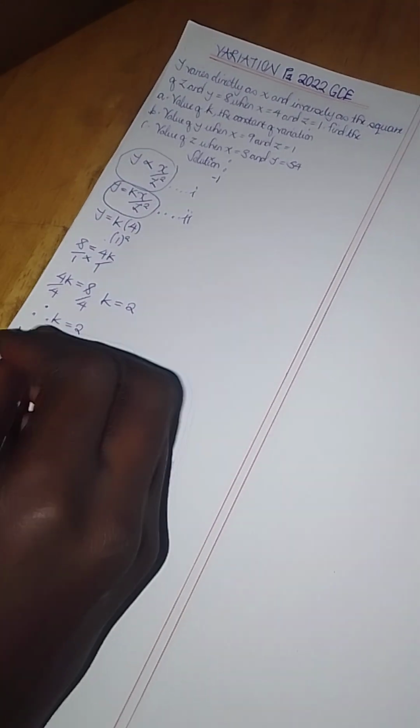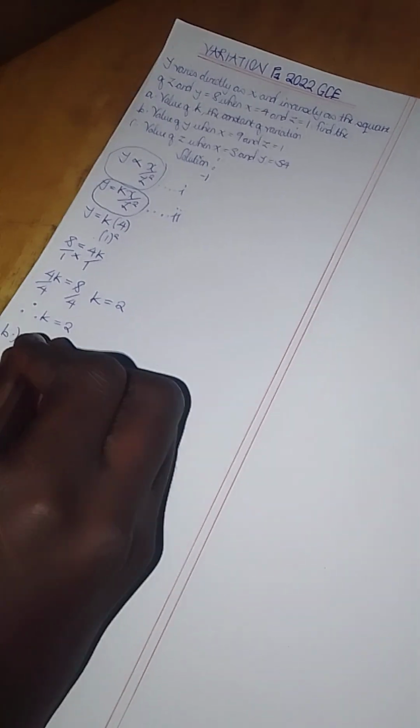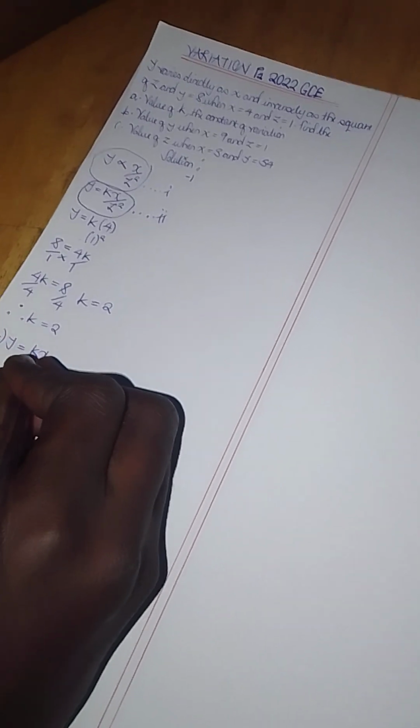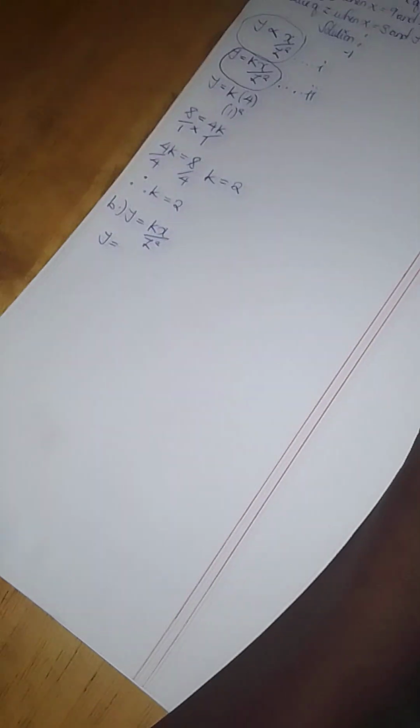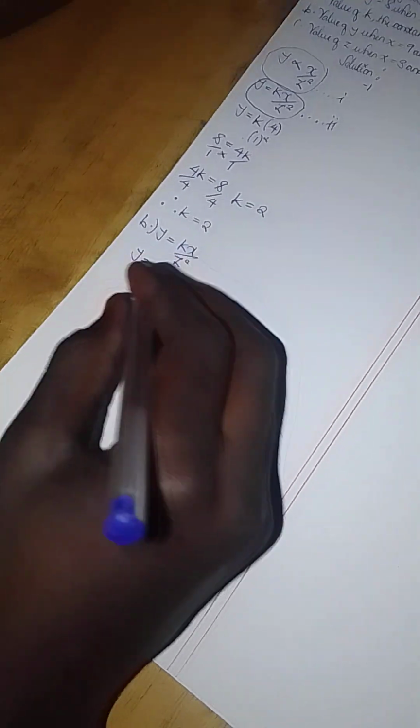So we'll start. y equals kx over z squared. y equals, k, which we found is 2, times x, which is 9, over z, which is 1, squared.